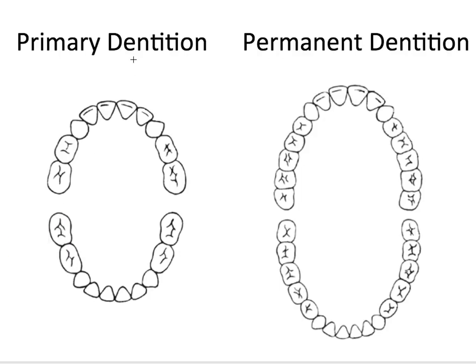So the primary dentition basically refers to the baby teeth, or the primary teeth, and this would be starting around 6 months, typically, when you'll start getting these teeth to erupt, usually starting with the lower incisors. And so the baby teeth will come in one at a time.